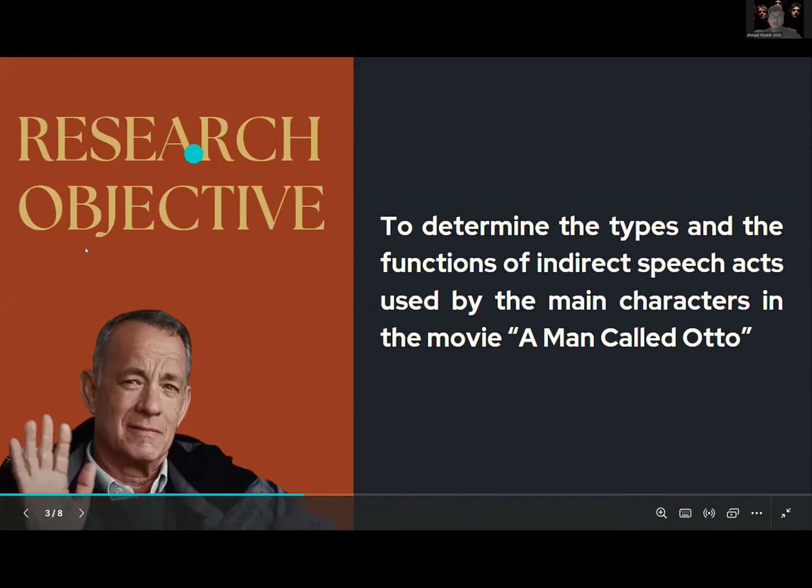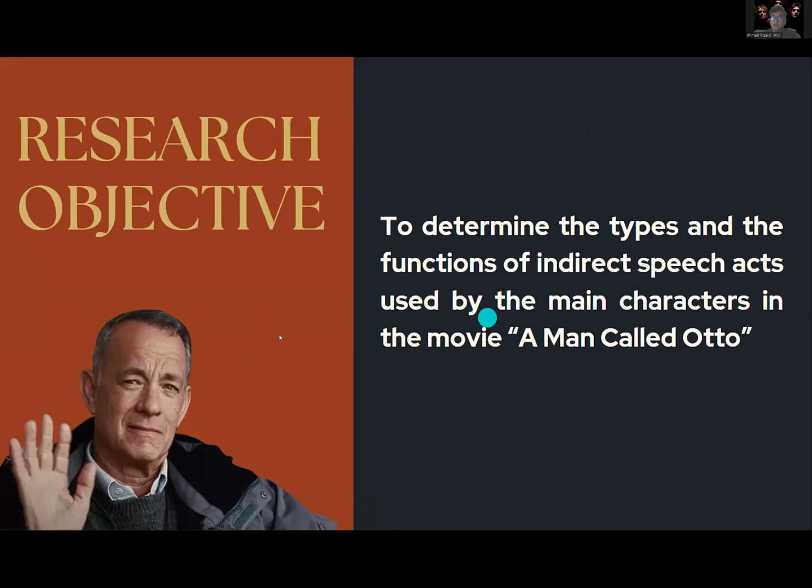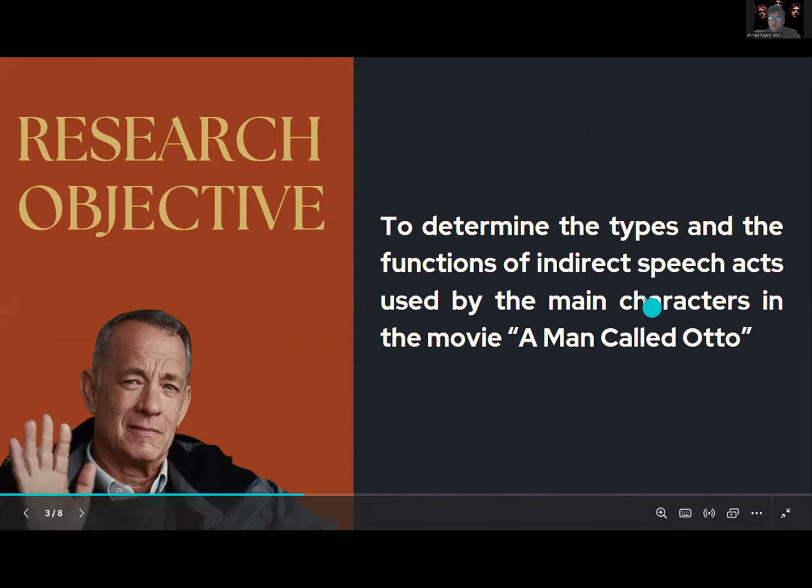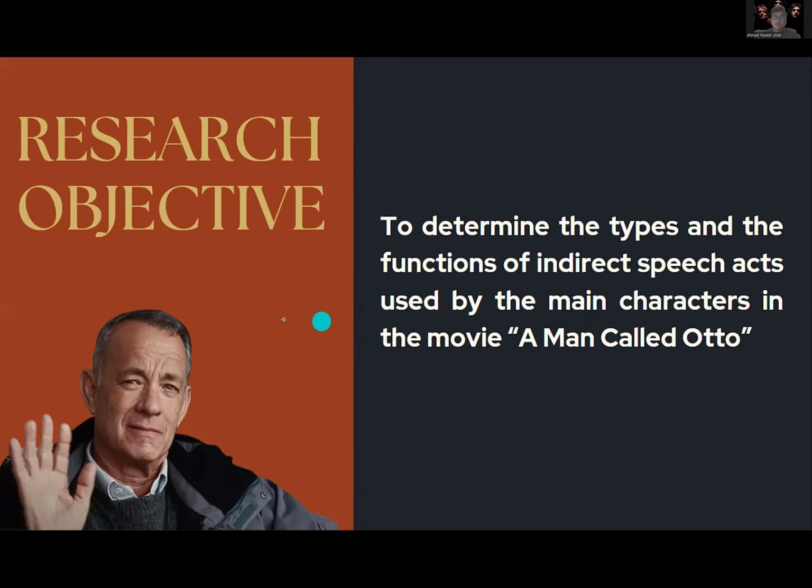Through these findings, we can see why the main character uses this kind of indirect speech act, and what the real meaning of the use is, and how the character uses this speech act. I think that's why we use this objective.